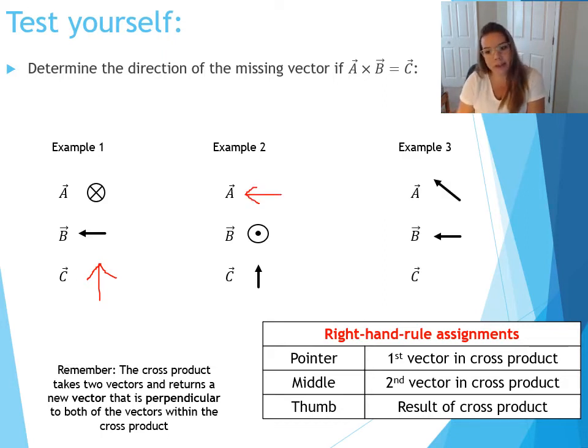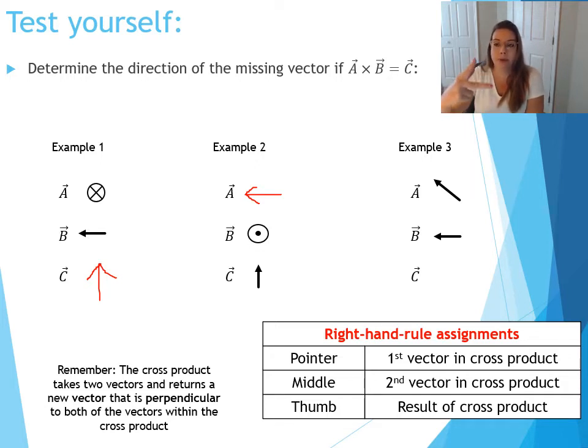All right, here's one that's a little bit off. It seems odd. You can make any angle you want between your pointer finger and your middle finger. Those do not have to be 90 degrees to each other, actually. So point your pointer finger up and to the left, and then make your middle finger go perfectly to the left. Now your thumb is going to be perpendicular to both of those.